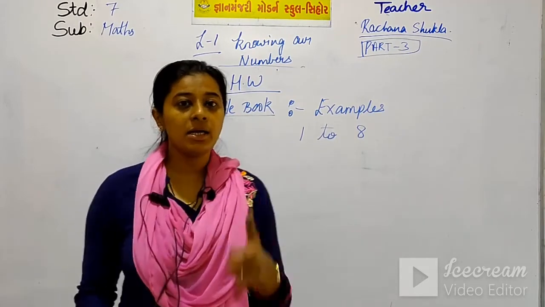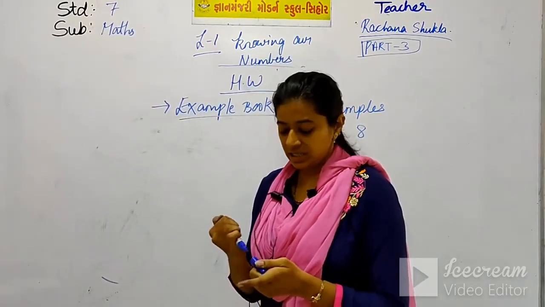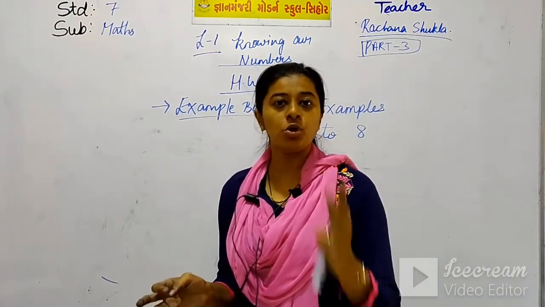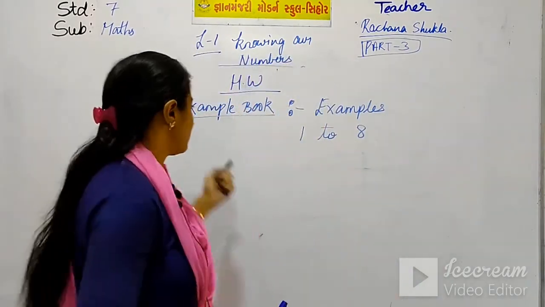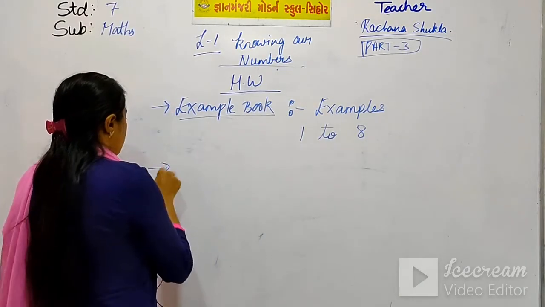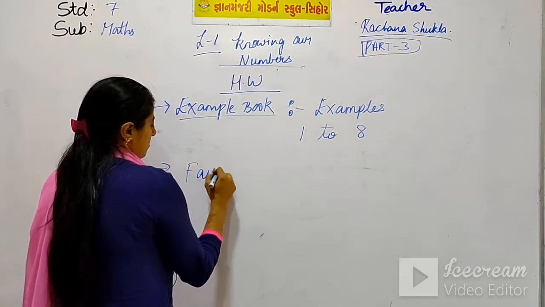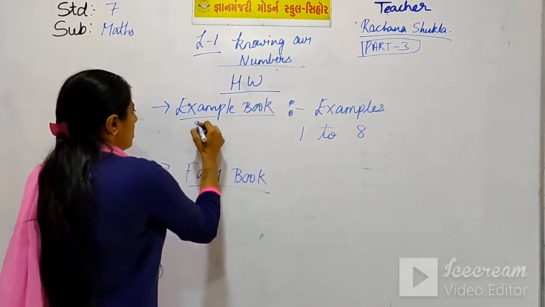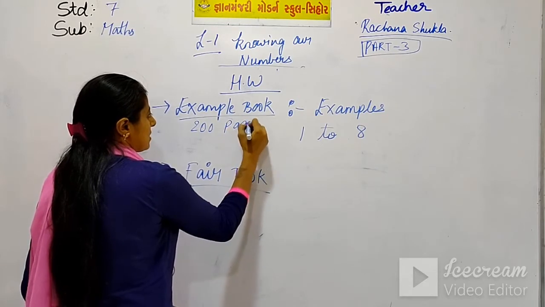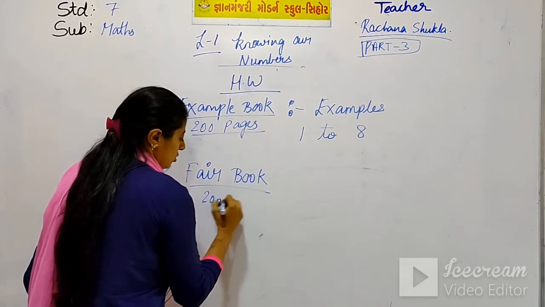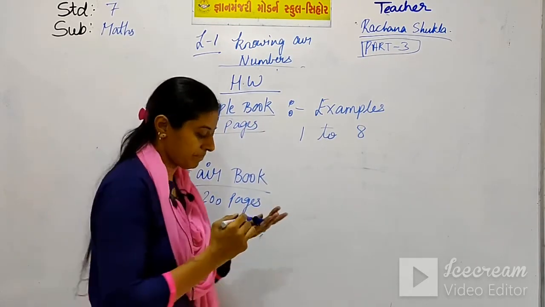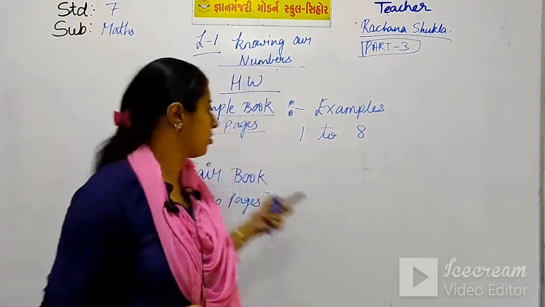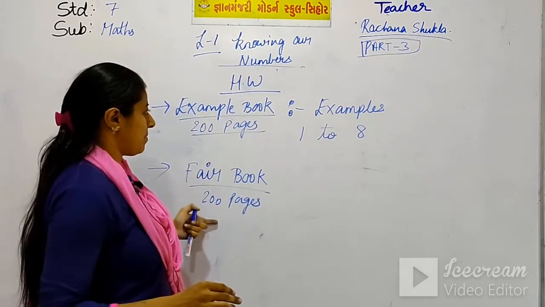You will write in your example book. See, don't misunderstand. You have to make two books for maths. That is example book and fair book. Two books, example book and fair book. This also 200 pages and this also 200 pages. Full scape book, you have to make full scape book, both the fair book and example book.